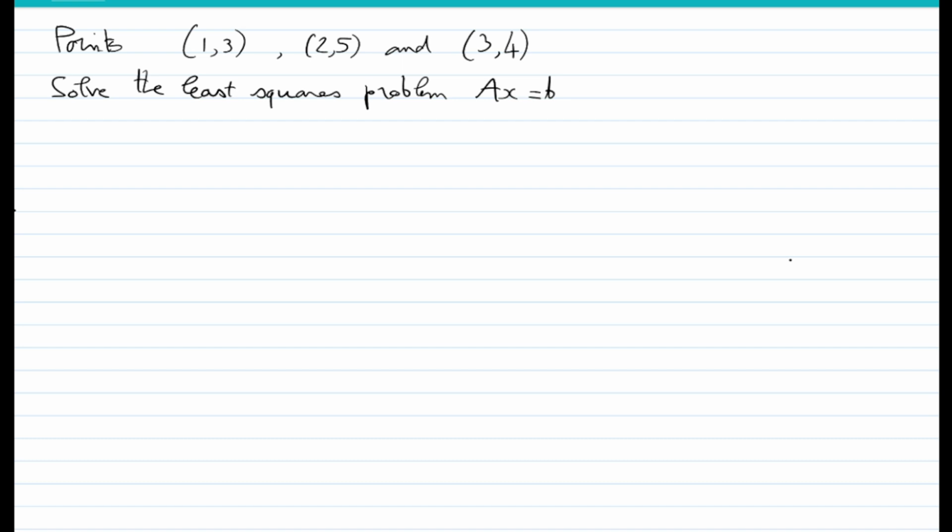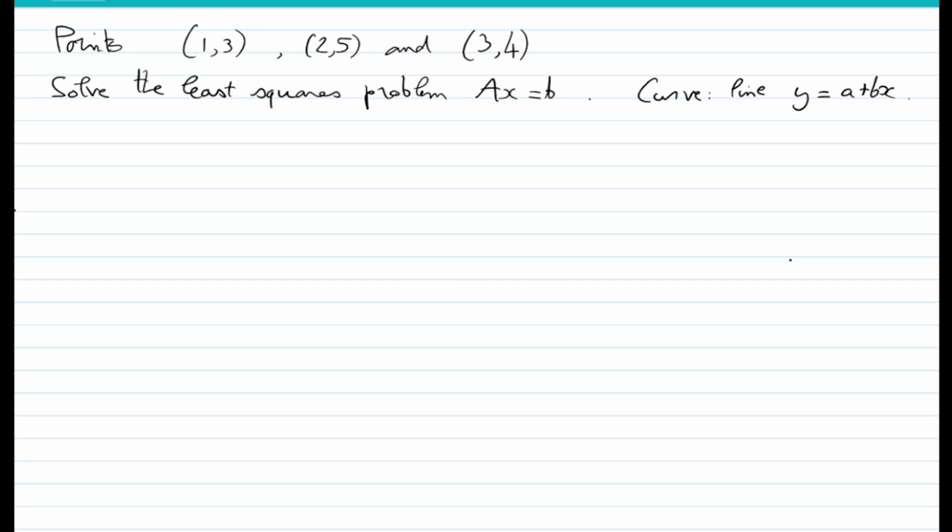B is the right-hand side of this, and X are the unknowns. So let's do this. Of course, you would go much faster in the future, but the curve we want to fit is the line y equals a plus bx.